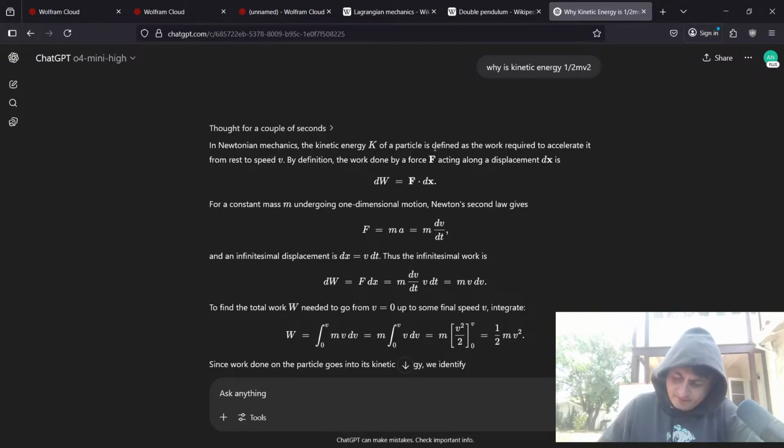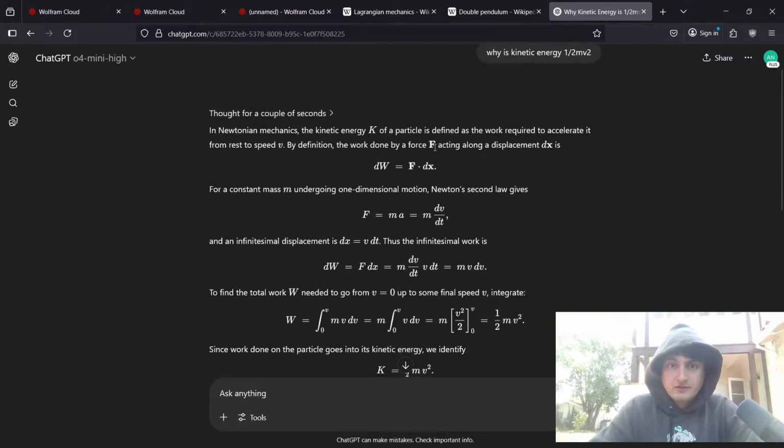Kinetic energy is defined as the amount of work, so it's got units of work, which are joules, required to accelerate a particle of mass m to speed v.